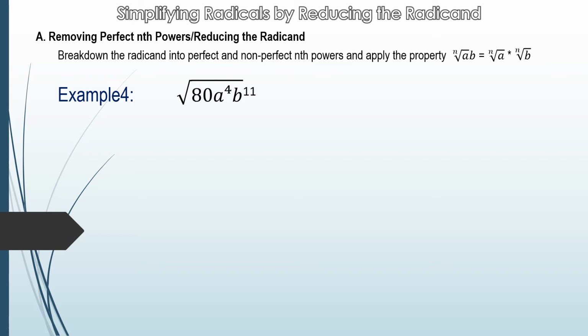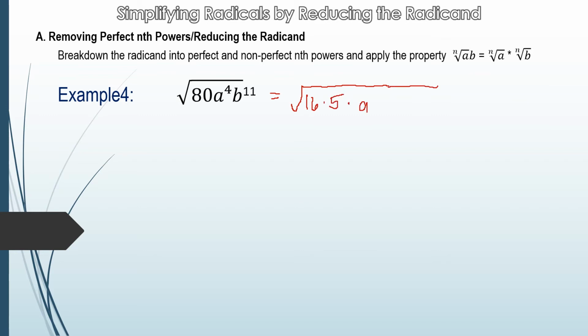So let's say we have the square root of 80, a to the 4th power, b to the 11th power. So let us think of a factor pair of 80, wherein one of the factors is a perfect square. So we have 16 times 5.